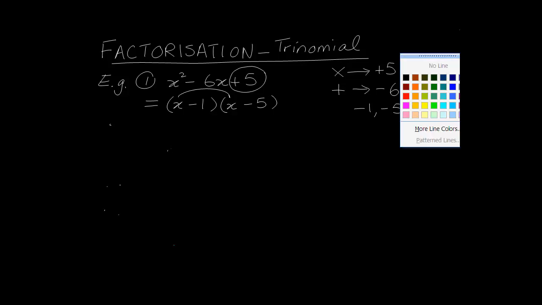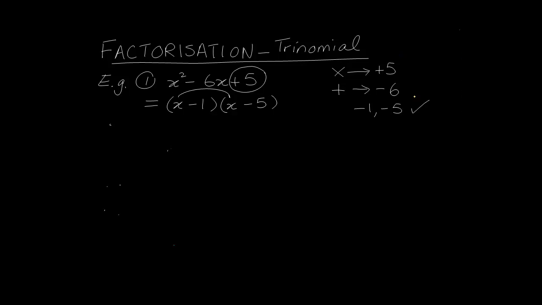We always check just by expansion. As I mentioned before, x times x is where the x squared will come from. Then I'm going to have negative 5x, take x, plus 5. That's going to be x squared, take 6x, plus 5. So I know that that is the correct factorization.